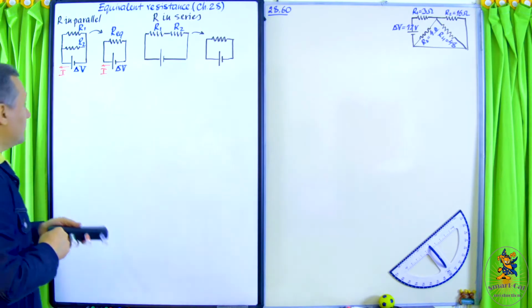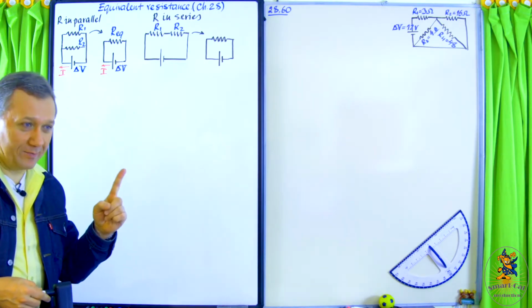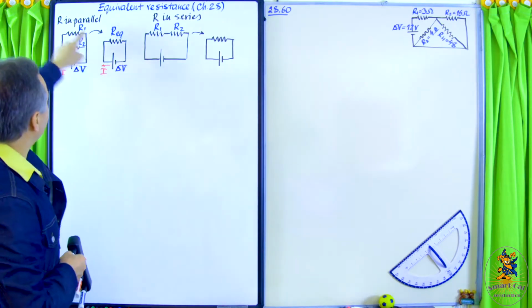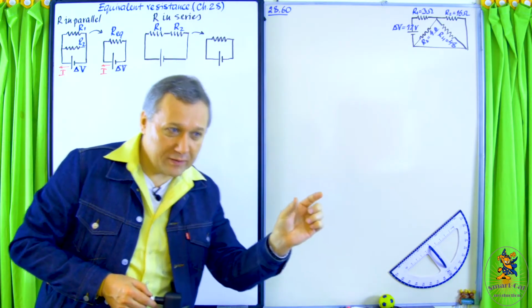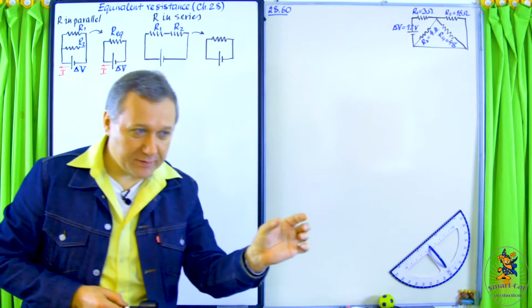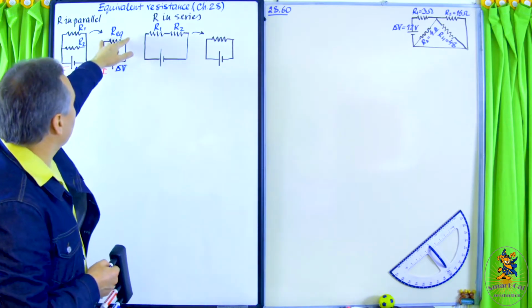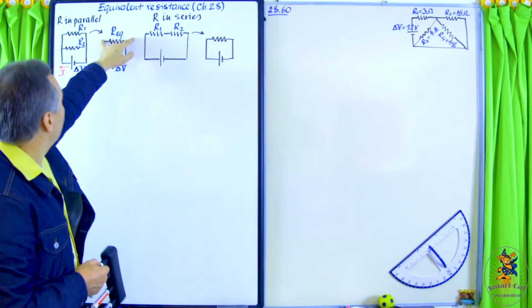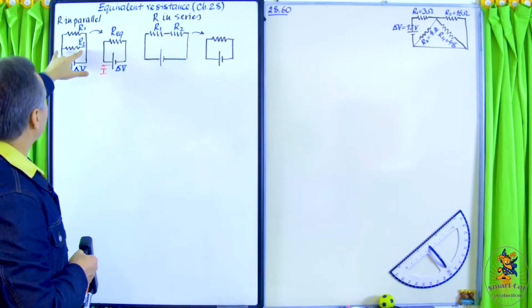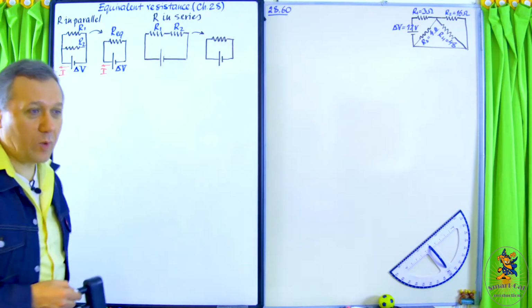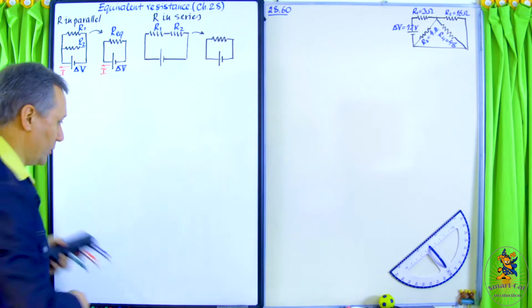First, which parameter links this resistor and these two resistors? And we found in the previous lecture: potential difference. Potential difference across R equivalent is equal to the potential differences across R1 and R2. Right.